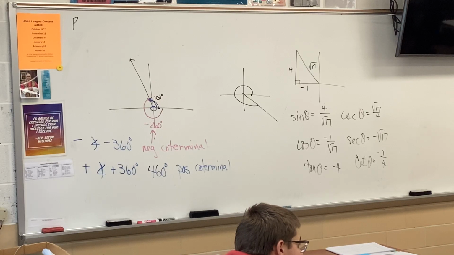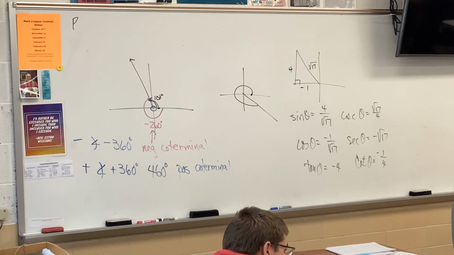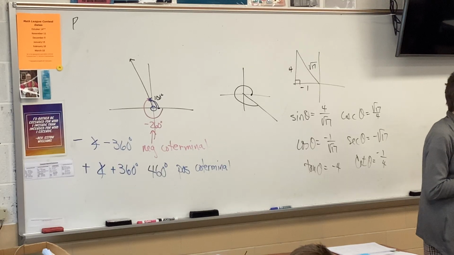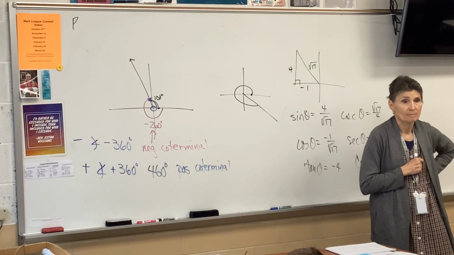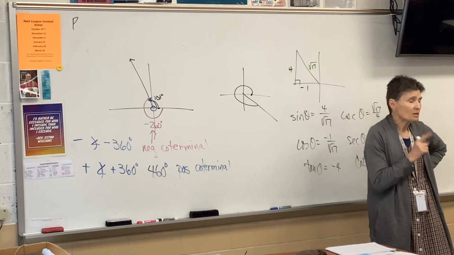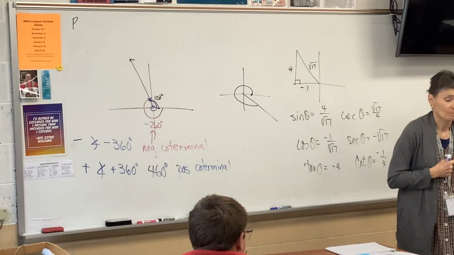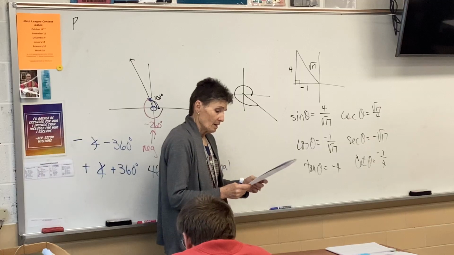No. What if I added 720? 820 would end up in the same spot because 720 is simply 2 spins. So you can find infinitely many coterminal angles. Just keep adding and subtracting revolutions. That is going to be useful to us in the not too distant future, so remember that.